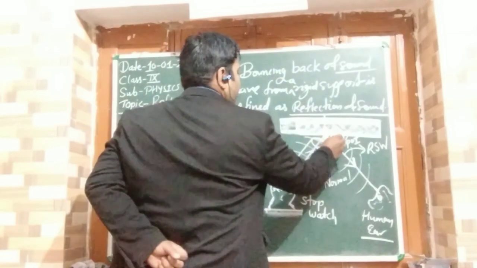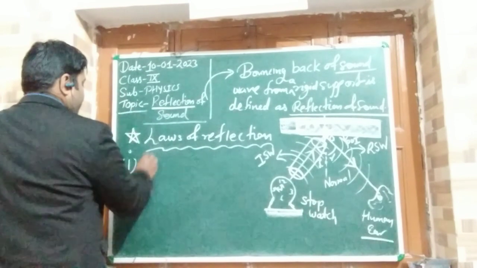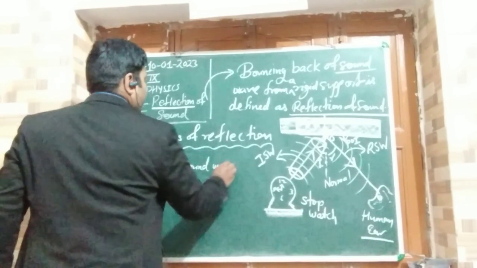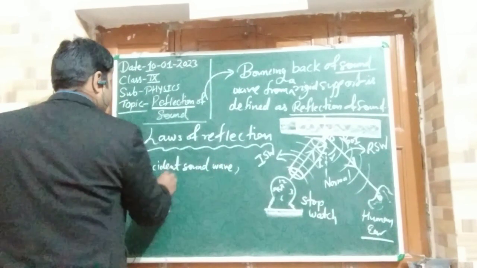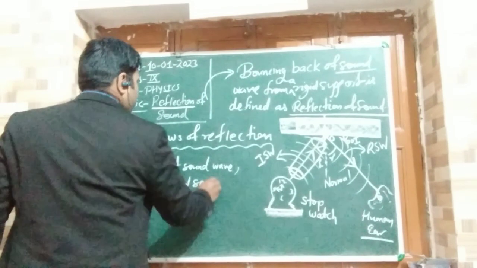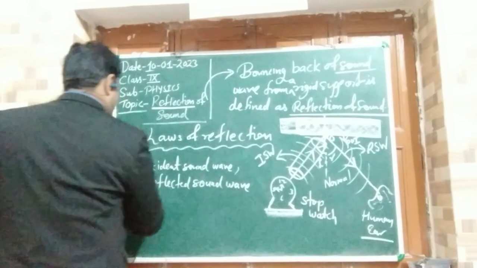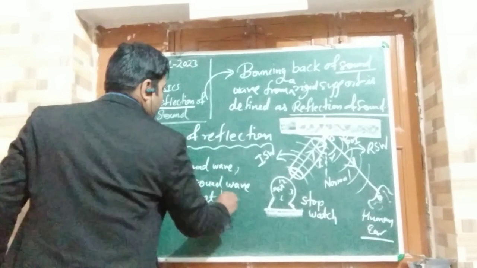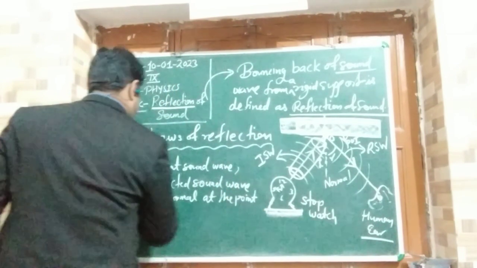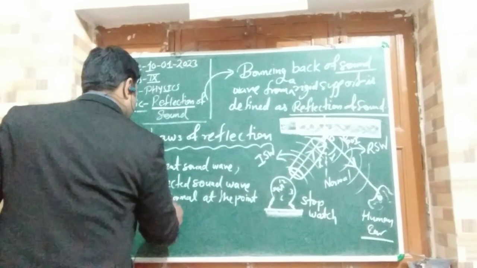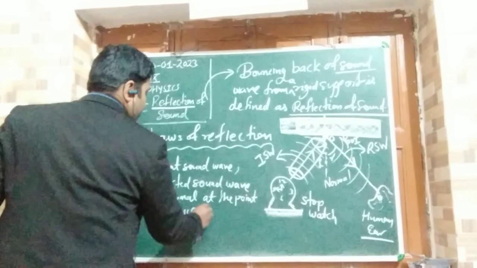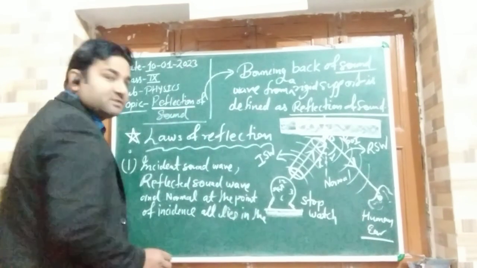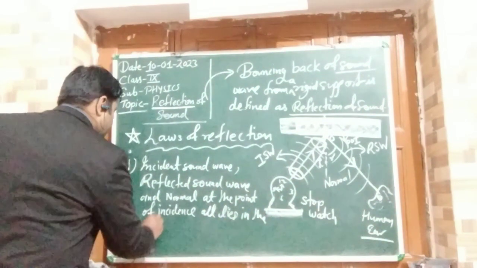Suppose this point is O. See, the incident sound wave, the reflected sound wave, and the normal at the point of incidence all lie in the same plane. Clear? Very simple law.